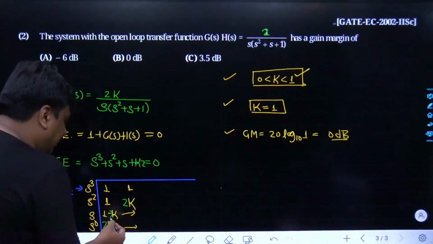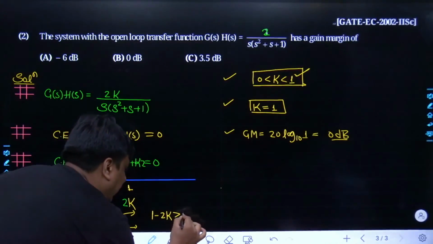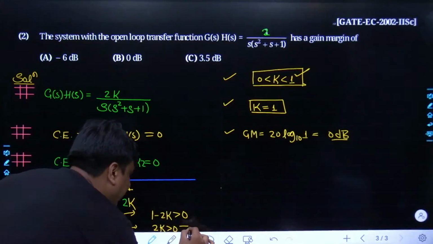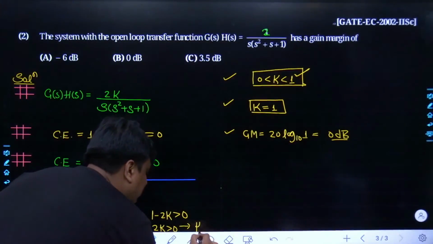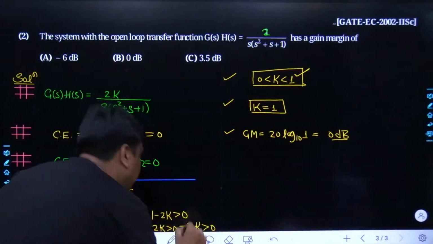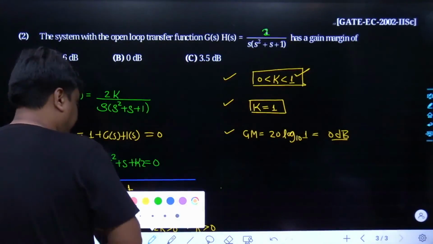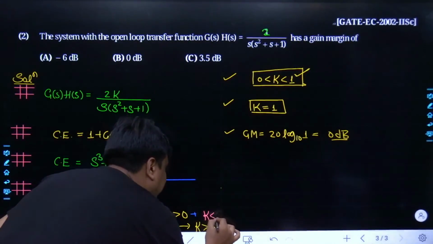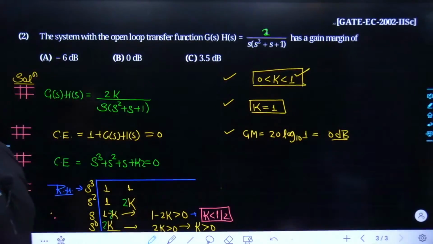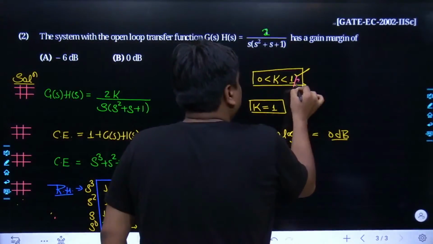So 1 minus 2K has to be greater than 0, and similarly 2K has to be greater than 0. 2K greater than 0 indicates K has to be any positive value. And 1 minus 2K greater than 0 indicates the value of K has to be lesser than half. Put together, the maximum range of K is half now.